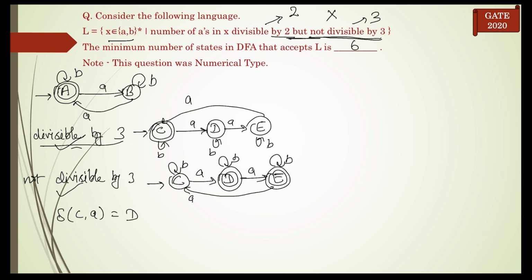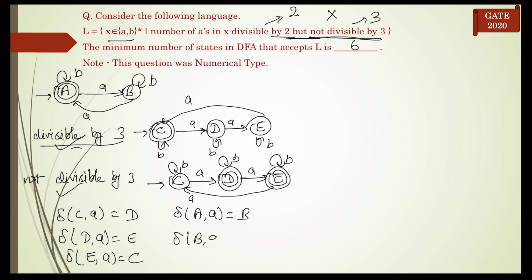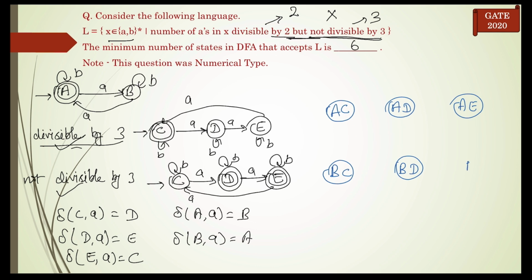Transition of A from C is on D, transition of A from D is on E, transition of A from E is C, transition of A from A is on B, transition of A from B is on A. Now there will be 6 states: AC, AD and AE, BC, BD and BE.